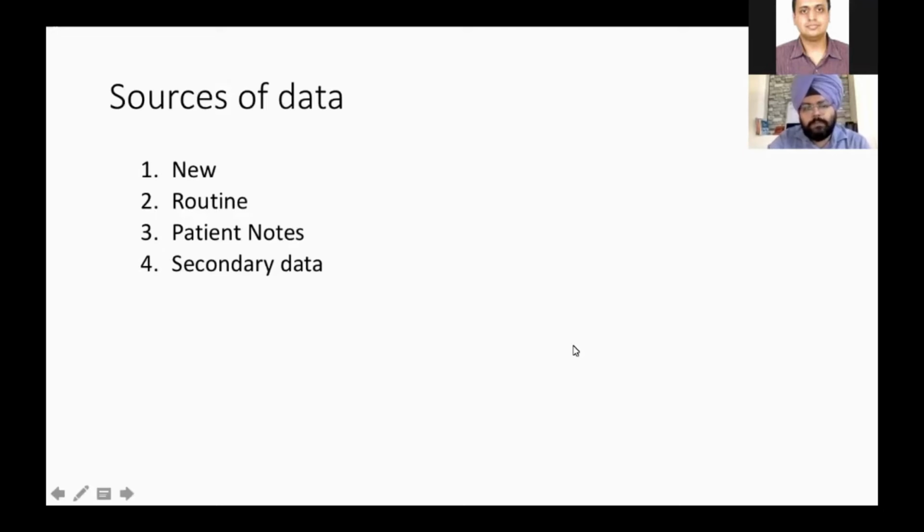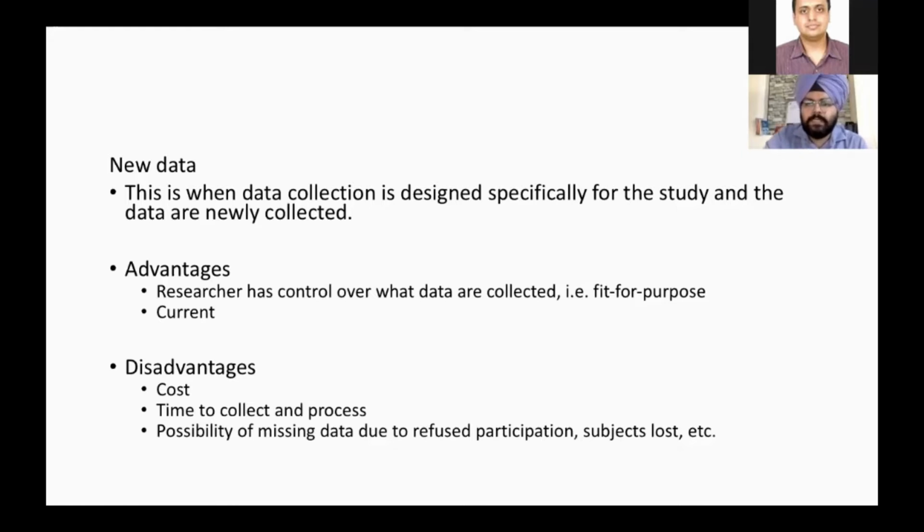Now, the sources of data, the four sources: new, routine, patient notes, and secondary data, each has a different advantage or disadvantage. Coming on to new data, this is done when a study is specifically designed. Usually while we are writing the protocol or trying to write a research project for the institute, the type of tool we develop is all considering the new data because it has not been collected in the past.